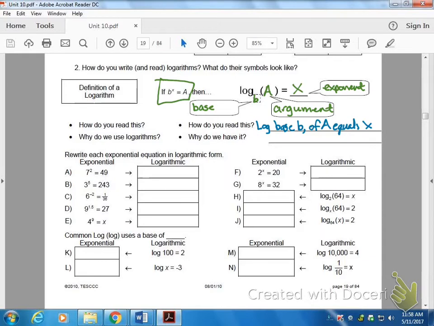In other words, what power of b gives you your answer, your argument? What do you raise b to, to get your argument? That's how we say it.